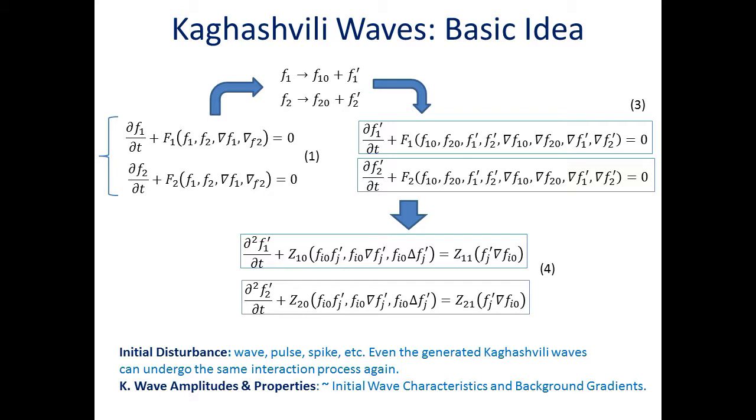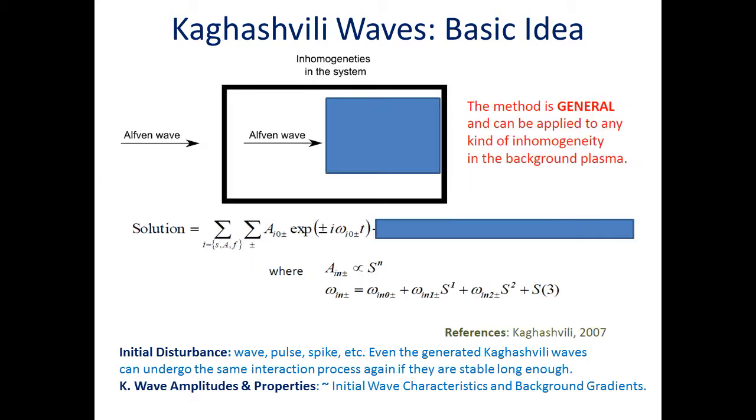And my main finding from 2002 to 2003 still stands, that the initial wave characteristics and the background gradients are the ones that determine the amplitudes and properties of these Skagashvili waves. So the next procedure after deriving equations for this particular system, for me, was to take the solution, not like it was known in the field.